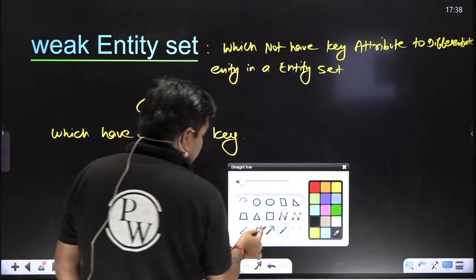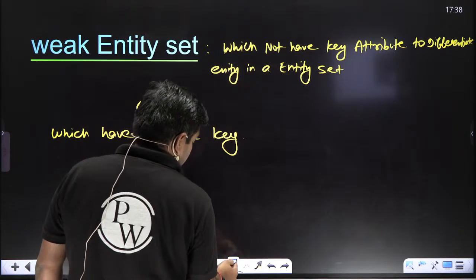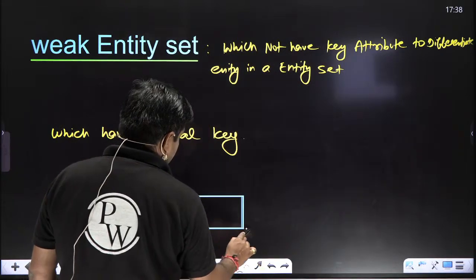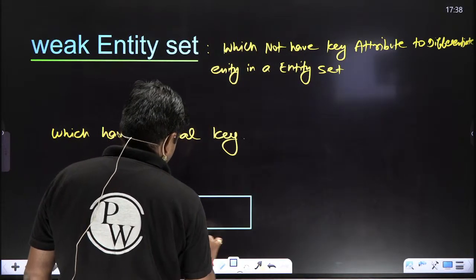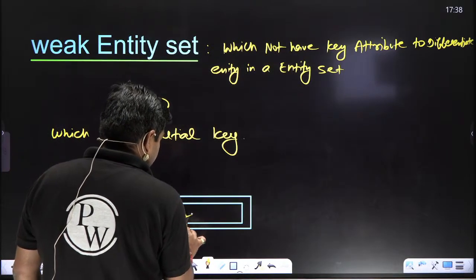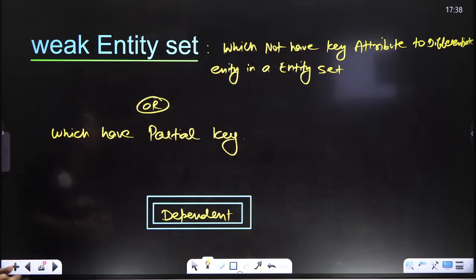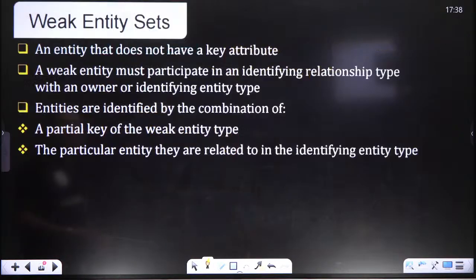And how is the weak entity set represented? A weak entity set is represented by a double rectangle. Let's suppose dependent. This is the meaning of weak entity set.